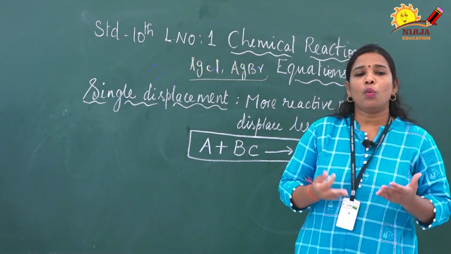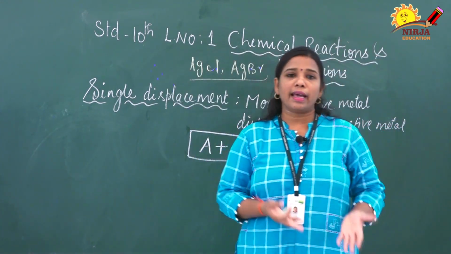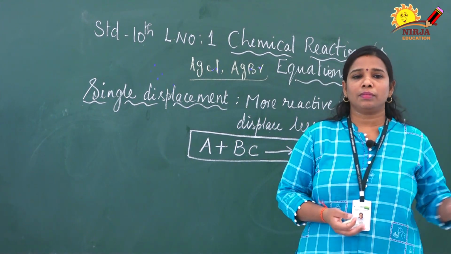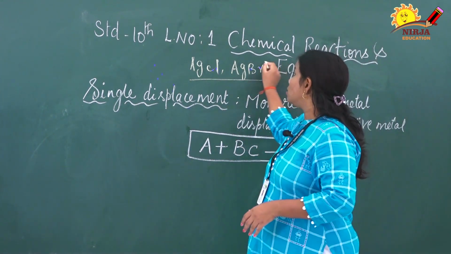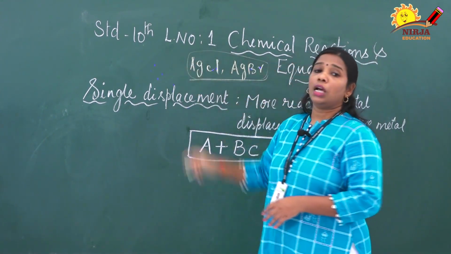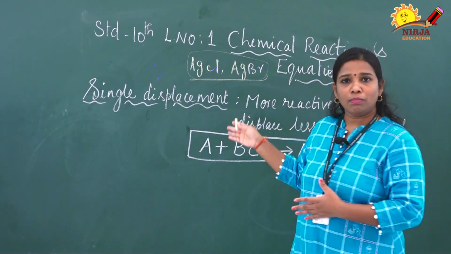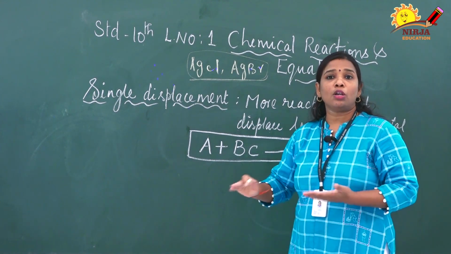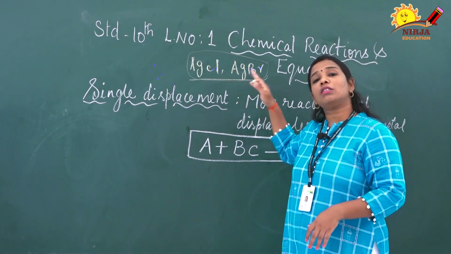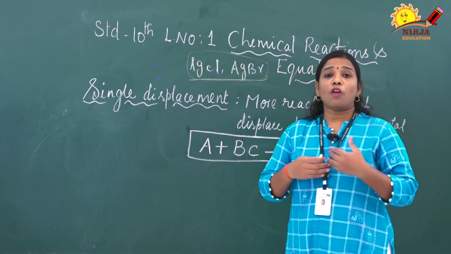Do you know where the reaction is used? These two chemical substances are used in black and white photography. When the film or photographic plate is coated with silver bromide or silver chloride, what happens?